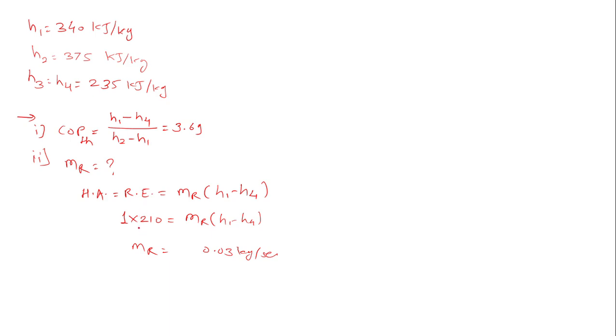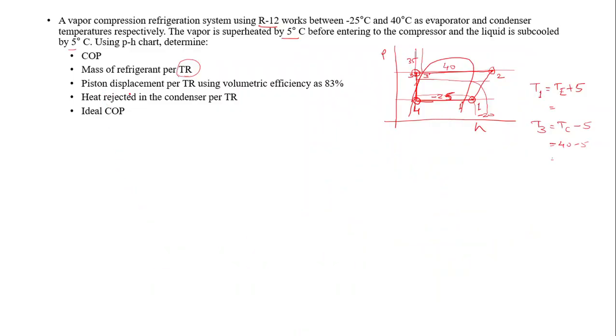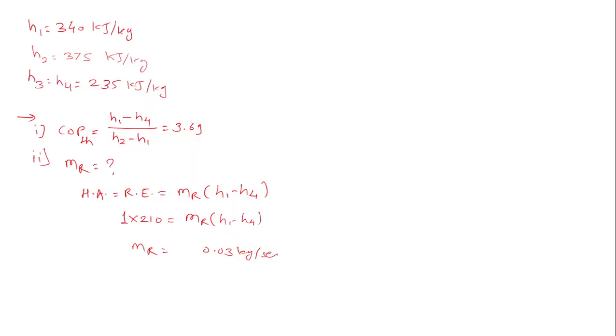The important thing is that whenever you are supposed to get the mass of refrigerant, you see what the cooling capacity is. If the cooling capacity is not directly given, read the statements carefully to get it. Now the third bit is the piston displacement per TR, where volumetric efficiency is 0.83. We know the piston displacement formula, which is MR into specific volume divided by volumetric efficiency.